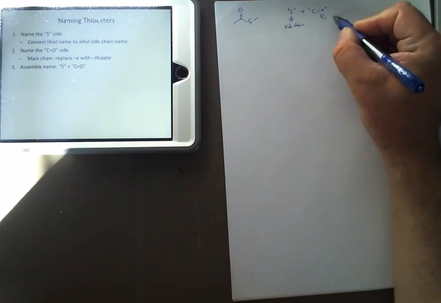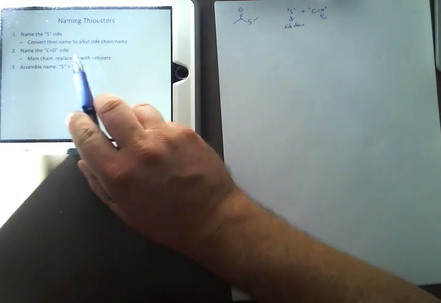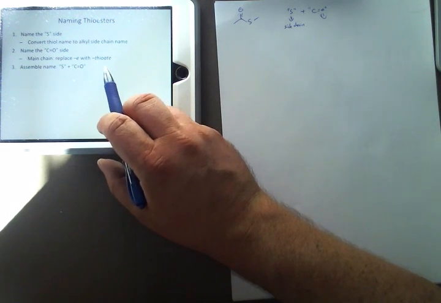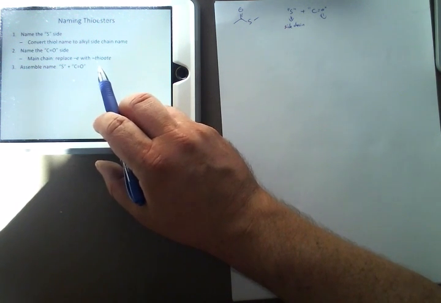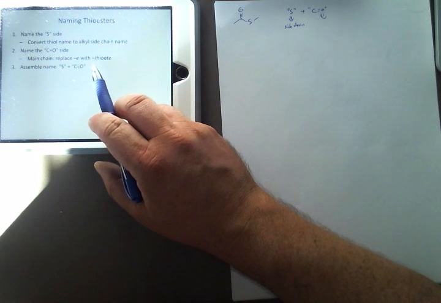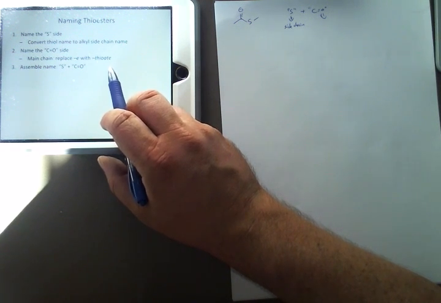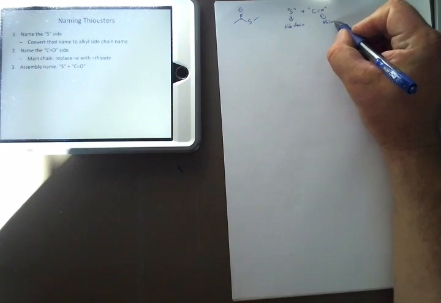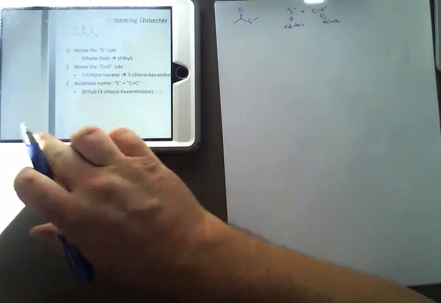But this suffix here, if it was on the main chain, instead of oate, it says thioate, because thio typically means sulfur. As you know, oate would mean ester, thioate means sulfur ester. Okay, so here we go.